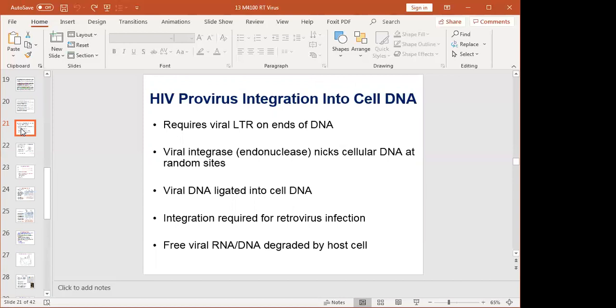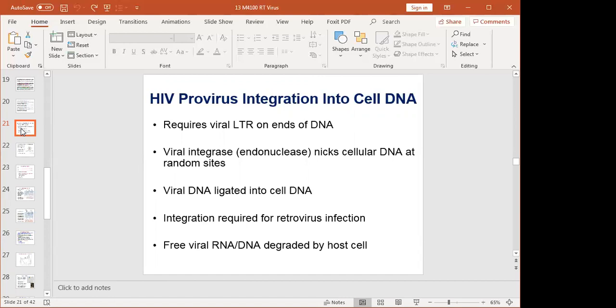We also need the viral integrase, an enzyme that is a nuclease. Since it's inside of the cell, we call it an endonuclease, and it nicks or creates a little cut on the host cell DNA at random sites. It's not a very specific or site-specific cleavage.